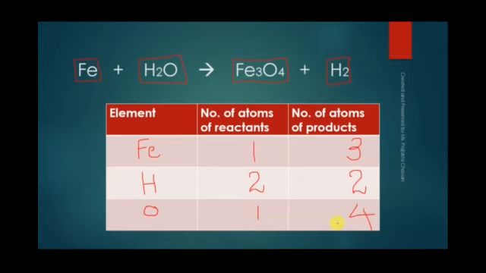So we are going to make them equal by taking LCM. Very good. So LCM of 1 and 4 is 4. So we are going to multiply this 1 by 4. Brilliant. So we are going to multiply 4 for the reactant side in oxygen. So we are not going to write anything inside the box but in front of H2O.